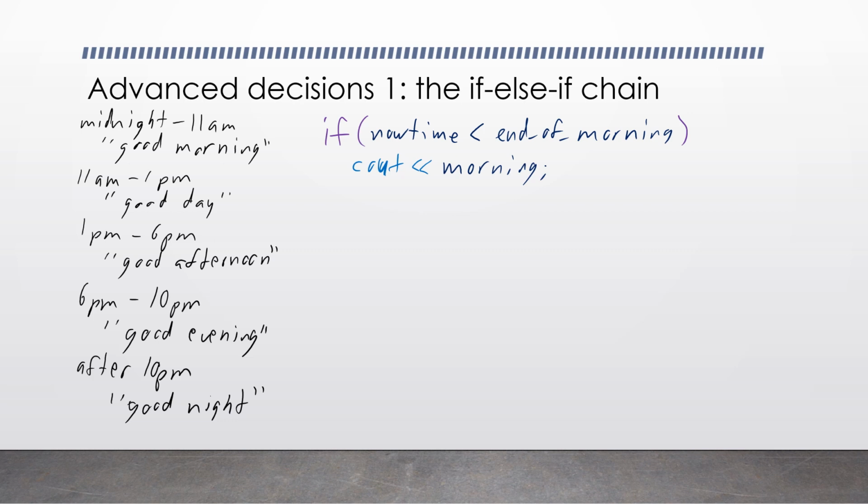But here's the key thing. I only had to do one comparison there because it's always greater than midnight. Midnight is 0. So I only need to check if it's end of morning. Now, I already know if I get to the else that it's past end of morning. So I don't need to check that again.